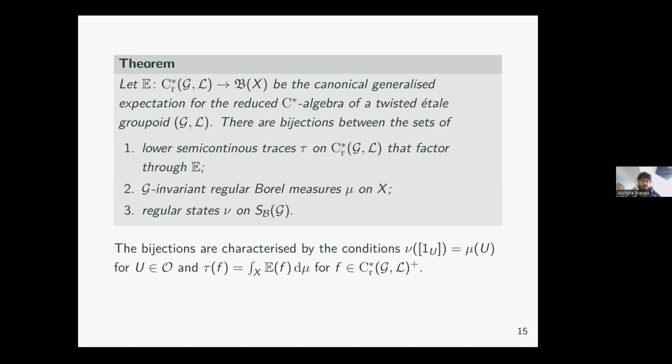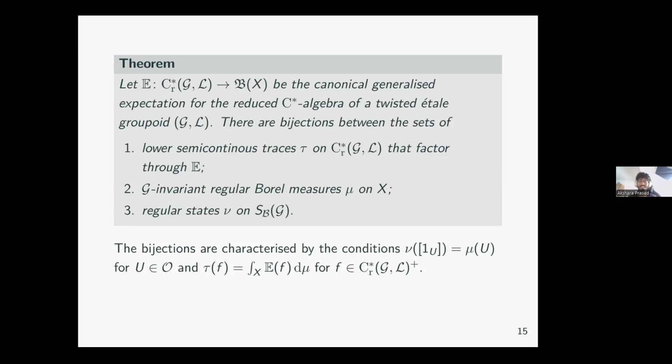Yes. Okay, so now that we related ideals and traces, we can combine these results and some other results that I did not show to you, and give characterizations of pure infiniteness and of stable finiteness for the reduced C*-algebra.